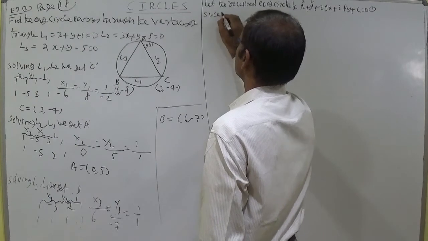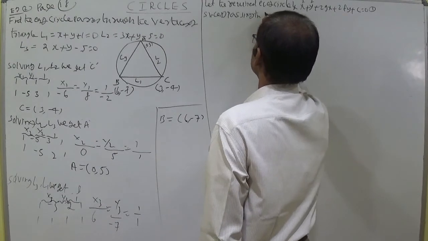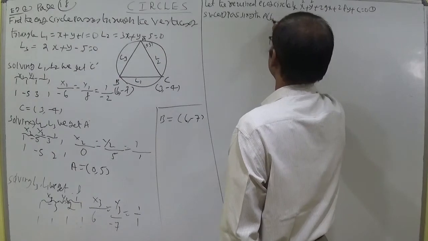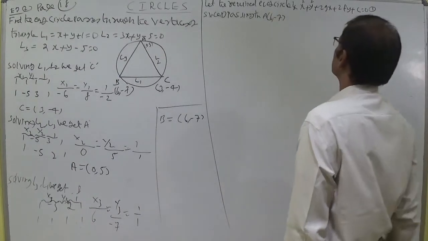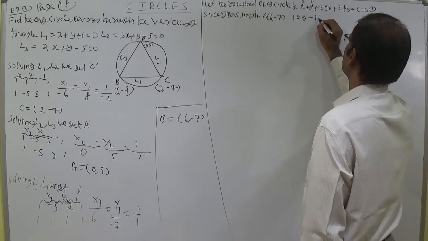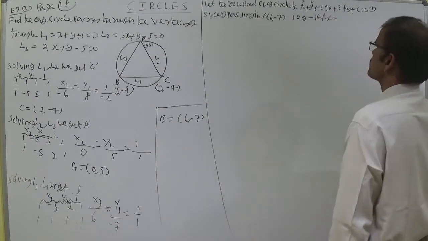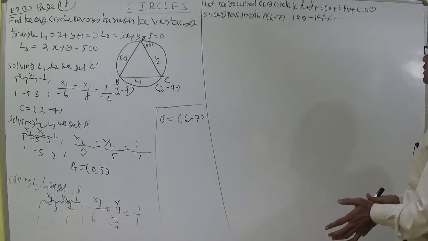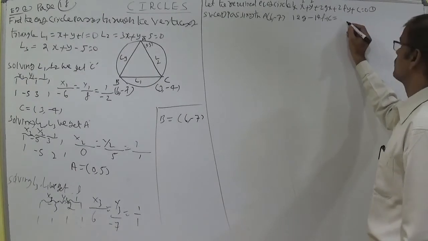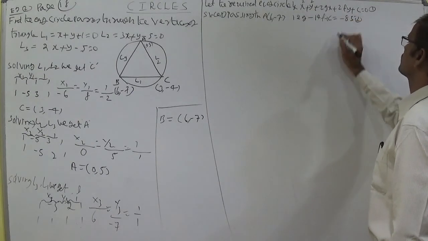Since it is passing through the point B, 6 comma minus 7, you substitute here 6 and minus 7, you will be getting 12g minus 14f plus c is equal to minus 36 minus 49, minus 85. Let it be the second equation.